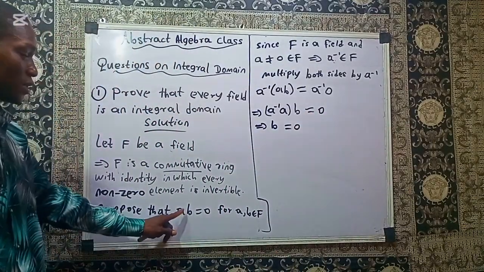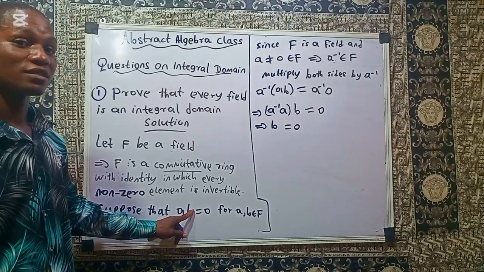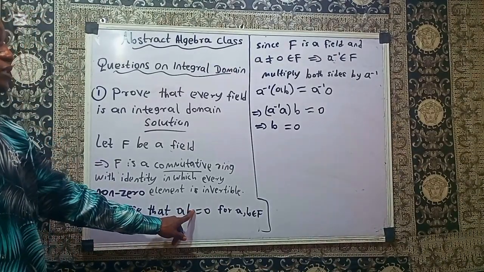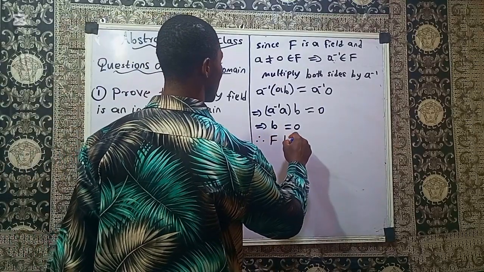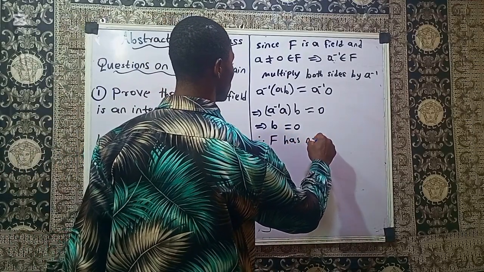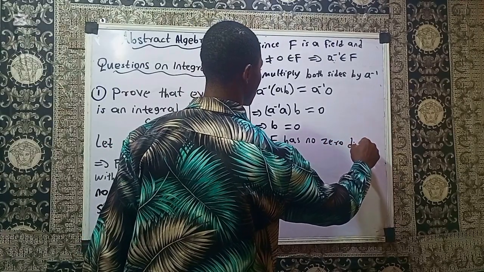So it means that in a field, if the product of two elements is 0, then one of them will be 0. Therefore, F has no zero divisors.